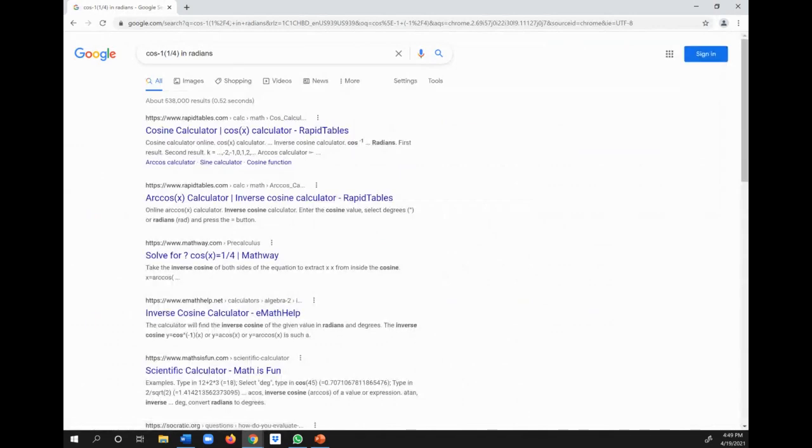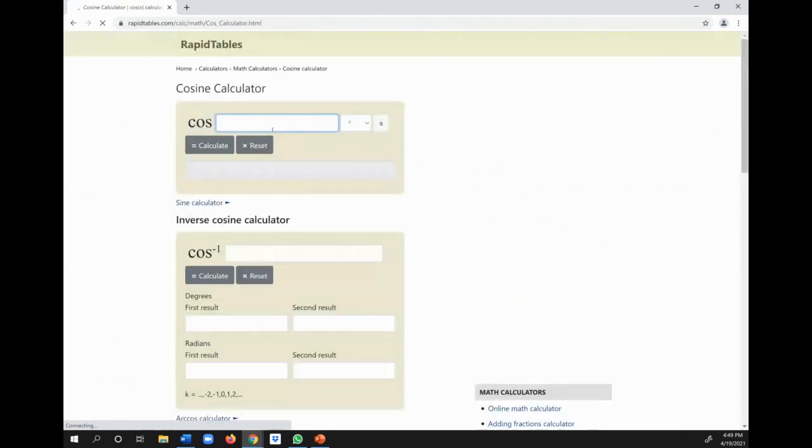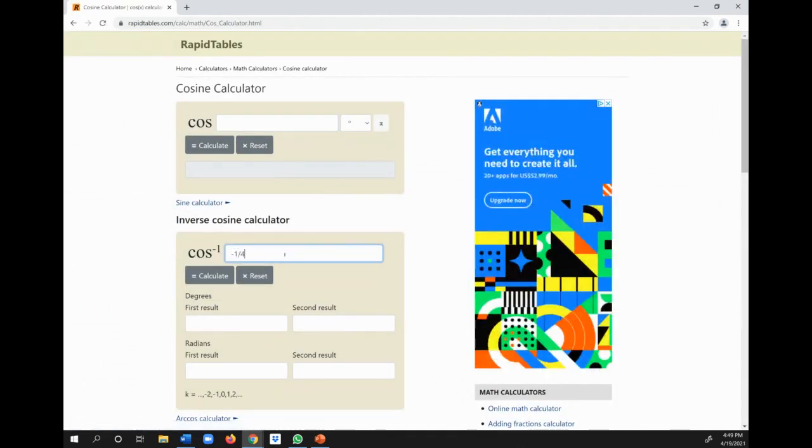And of course, you want to make sure you are getting your answer in radians, okay? We should have, here we go, cosine inverse of negative.